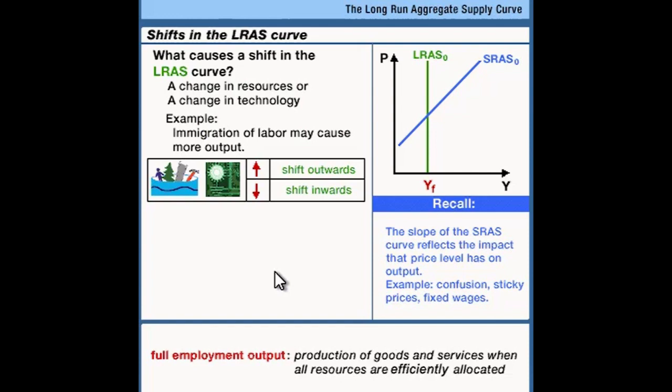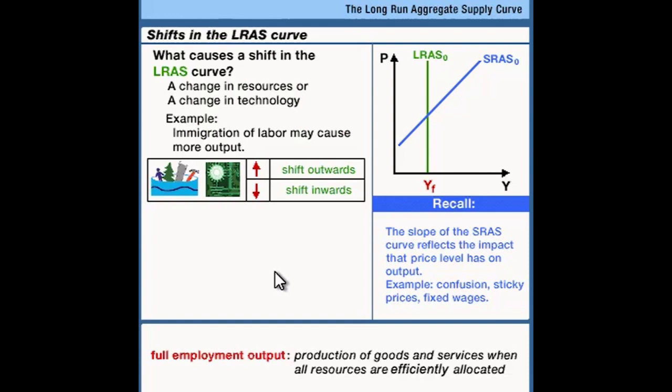We'll see how we get there when we talk about the process of adjustment after we've put demand and supply together and found equilibrium. But we've got one more thing that we need to address, and that is what causes these curves to shift. Suppose there's an increase in resources in our economy due to immigration. What's going to happen then is the long-run aggregate supply curve is going to shift outwards, like we talked about before.